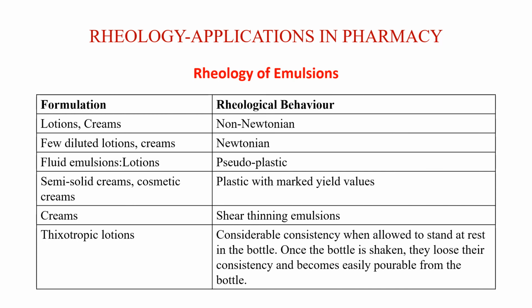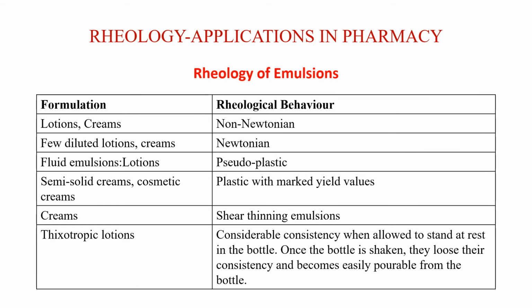Let's consider creams. They are thick in the container, right? When we take some amount of cream and apply it over the skin, do you think the viscosity of the cream remains constant? No. The viscous nature of the cream will change. When you are applying cream, you are applying some shear stress on the cream at the molecular level.